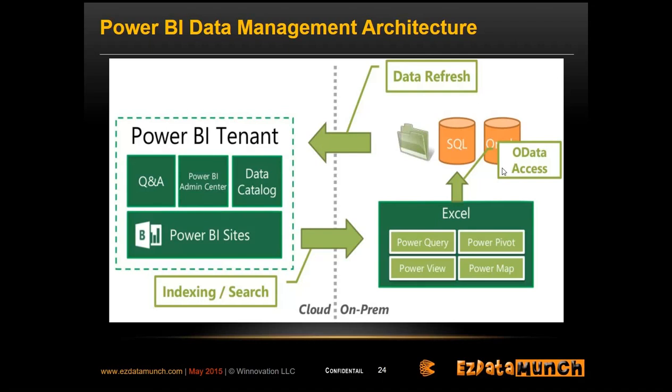You have SQL, Oracle, Excel, or you may have some other cloud-based systems. There are connectors provided by Microsoft, so you can connect to Salesforce or Google Analytics or any other cloud-based data source. There are about 50 connectors available right now.